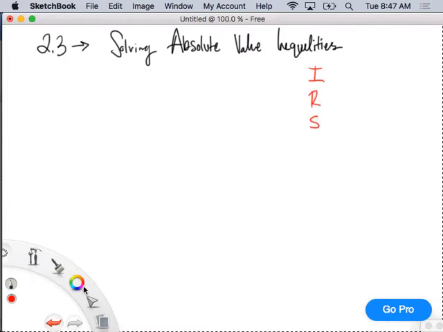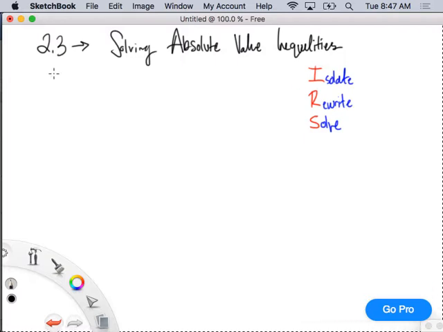Isolate, rewrite, solve. The only thing that's different here is that the rewrite process is a little bit different. It's the only difference. Isolate, rewrite, solve. Okay, so what's an example of this?